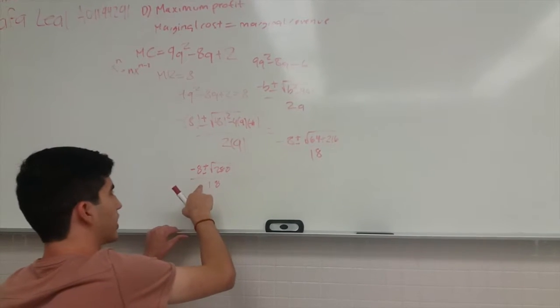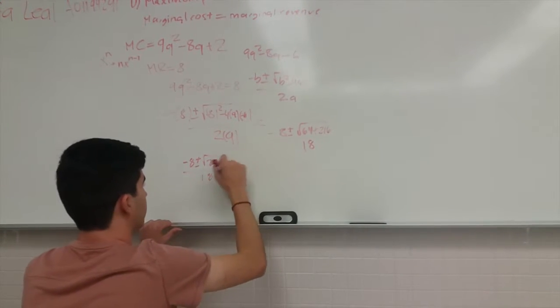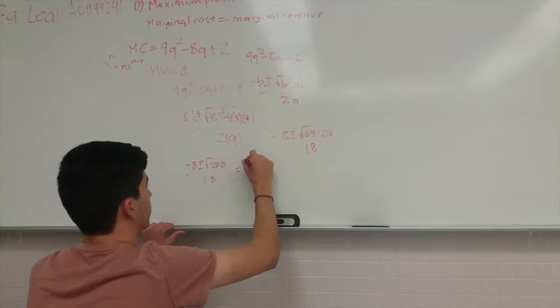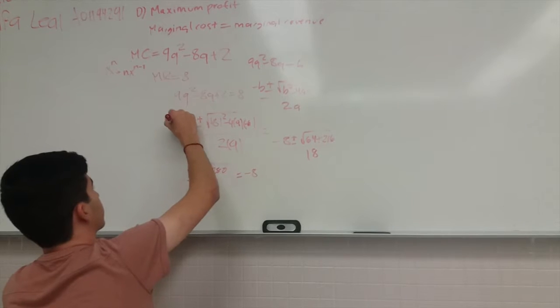We know that when we have a quadratic equation we have two answers, so we get the square root of 280 and we end up with negative 8, well in this case, sorry, this was a negative, so this becomes positive.